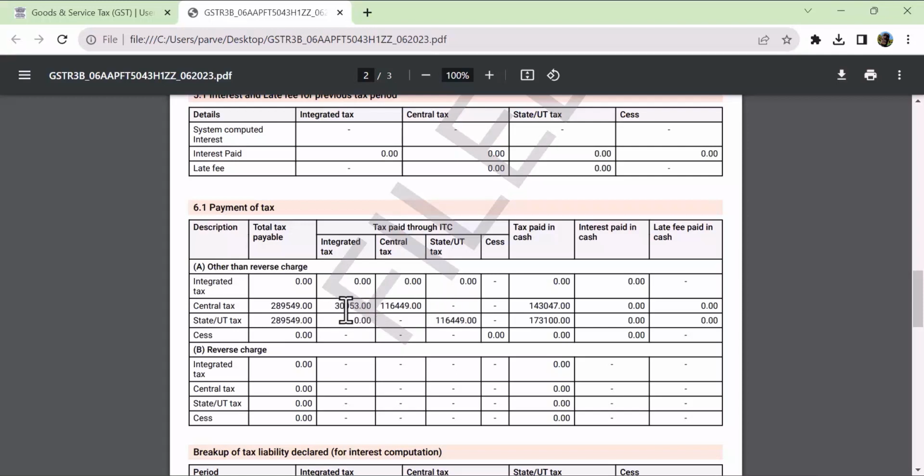So on account of 30,000 IGST, and CGST 1,16,000 and 1,16,000 for the state GST. So this is the total tax which the assessee is supposed to pay, and this is what he is supposed to claim, and this is the payment he has to make at the time of filing this return, which is 1,43,000 and 1,73,000.